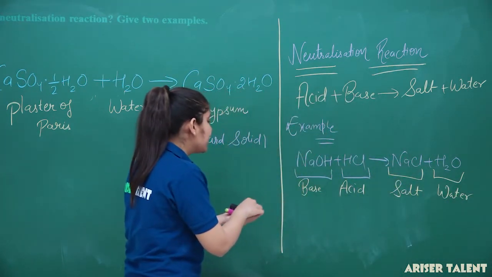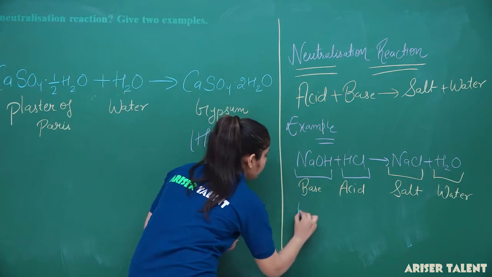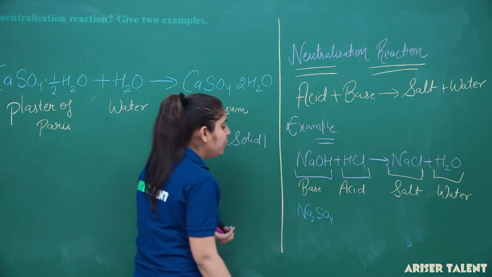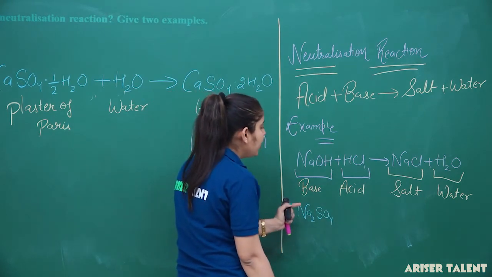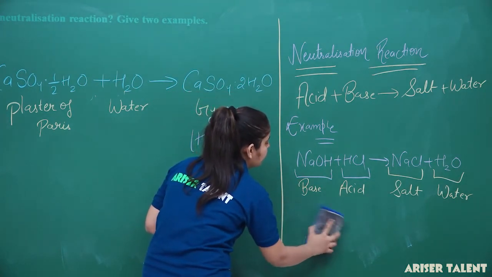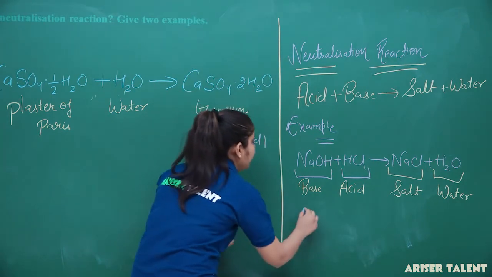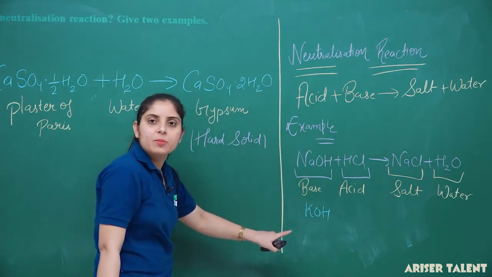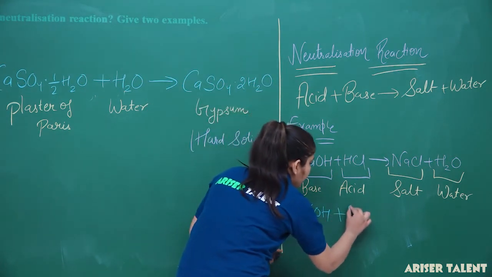Now our next example will be KOH. KOH is potassium hydroxide, which is again a base.